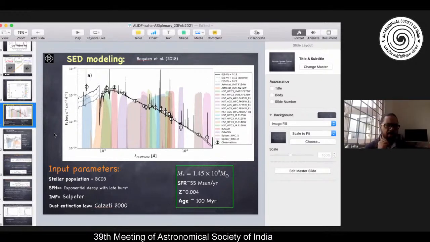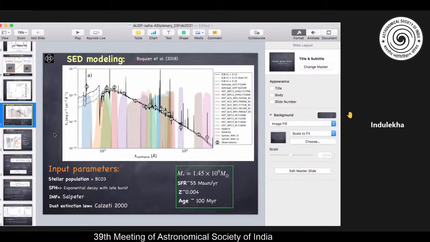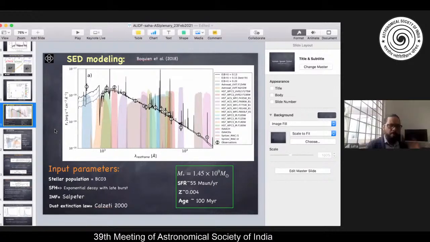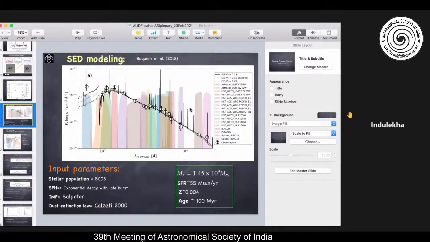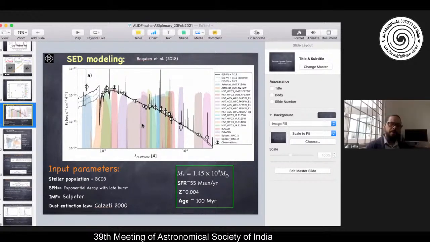You take the spectral observations of 30 Doradus, redshift it, then put in the appropriate extinction, then back model it to find out what you would get, using the same kind of models that were used here. When you redshift, the stellar population would be different.